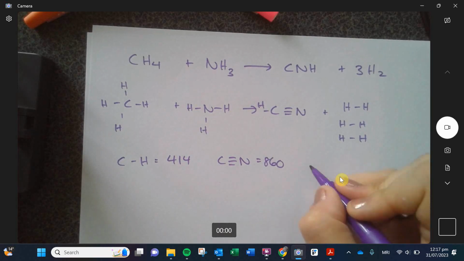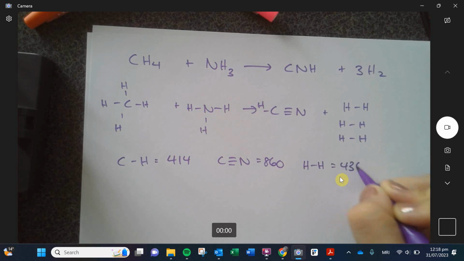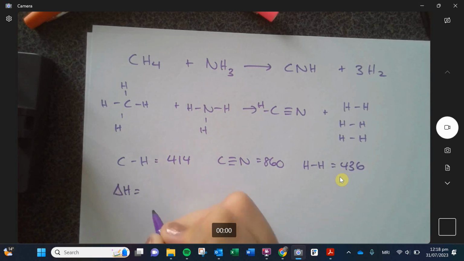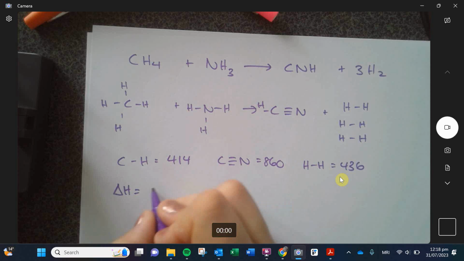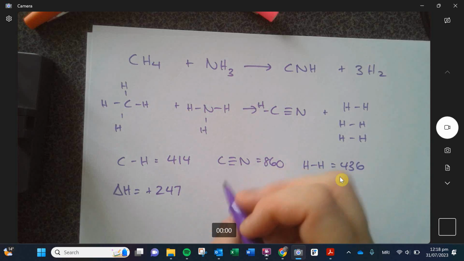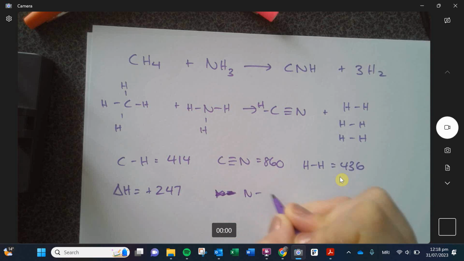They give you the hydrogen, which is 436, and they give you the delta H. They say the delta H value is positive 247. So this is all the information that they've given you, and they want you to figure out what the NH bond is. That's your question mark.